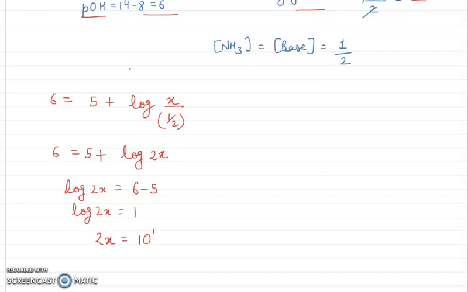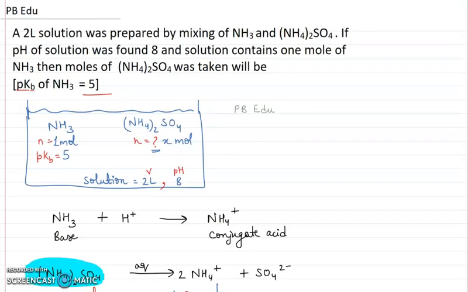So 2x is equal to 10. So x is equal to 10 divided by 2, that is 5. So x is equal to 5 moles, and we had to calculate this. What is the number of moles of ammonium sulfate? Our answer is that the number of moles of ammonium sulfate to be used to make this solution is 5 moles.